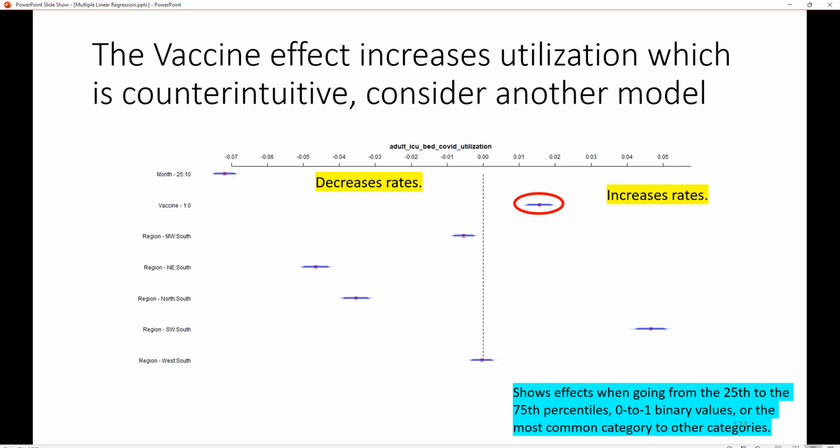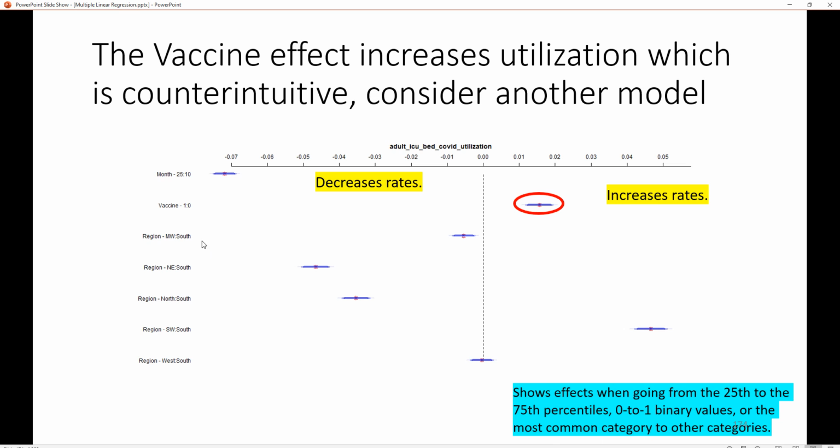And just to describe how each of the confidence intervals in the graph are created, they show the effect when going from the 25th to the 75th percentile in continuous predictors, or going from a 0 to 1 in a binary predictor, or the most common category to other categories.